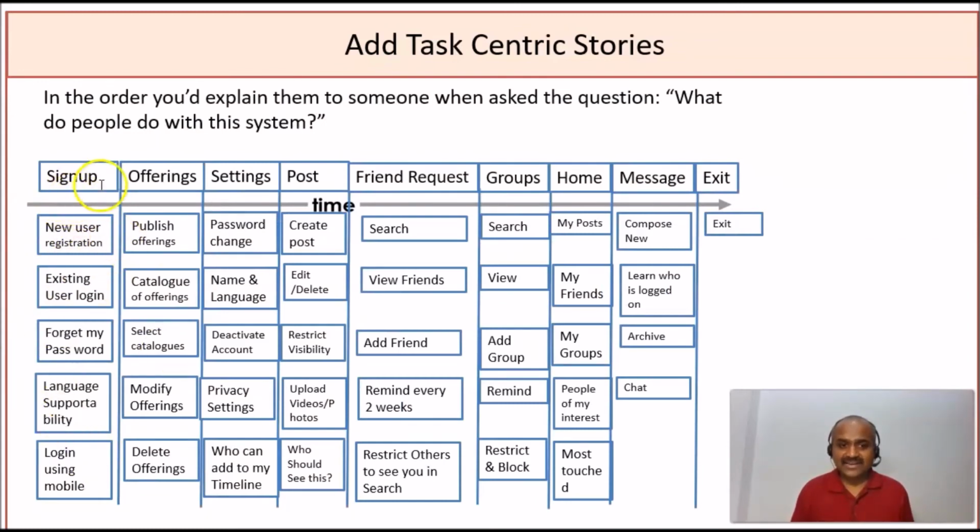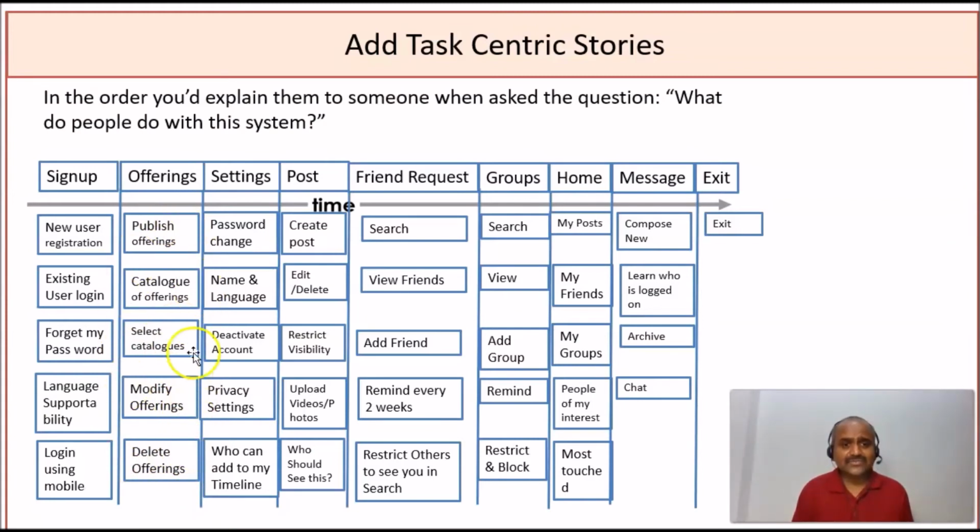For example, when it comes to sign up, the new user registration, existing user login, forget my password, language supportability, login using mobile, these are all the features we are clubbing under the heading called sign up. Similarly, offerings, publish offerings, catalog of offerings, select catalog, modify the offerings, delete offerings.